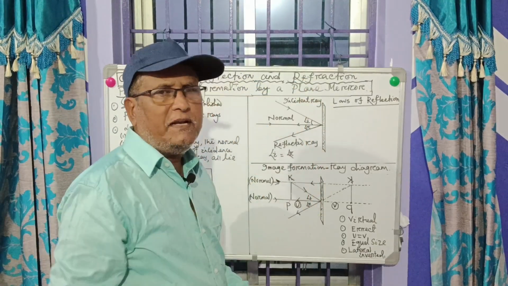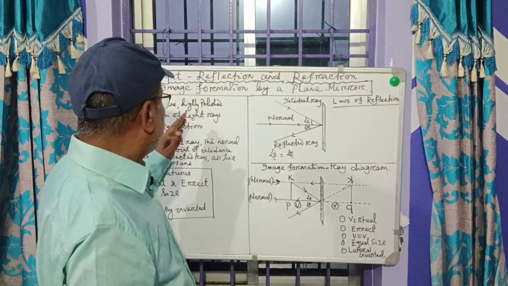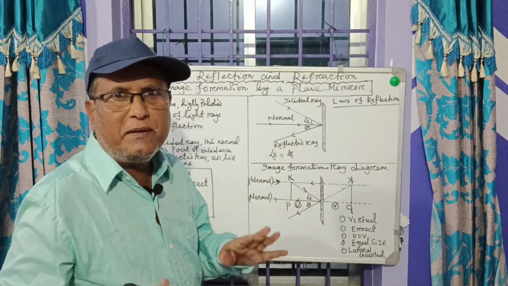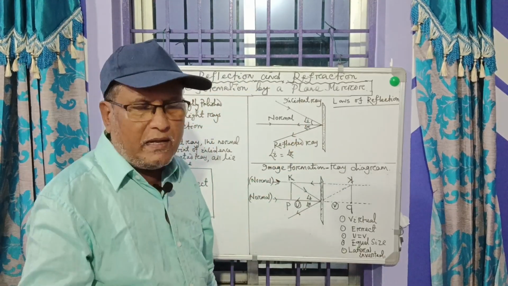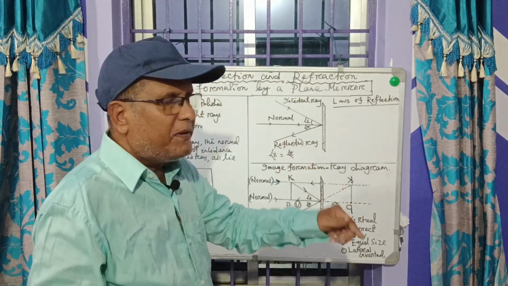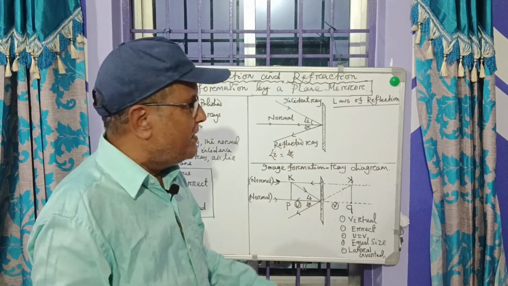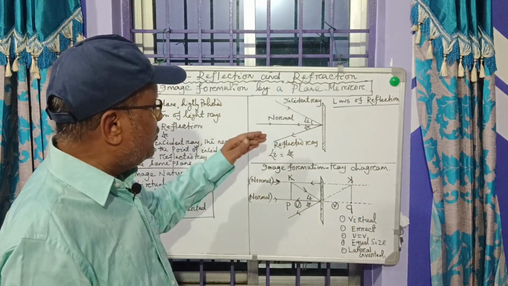The front side is plain, smooth, shiny and polished. And behind the mirror there is an opaque layer so that the light cannot penetrate and cannot move behind the mirror. Now look at the diagram.